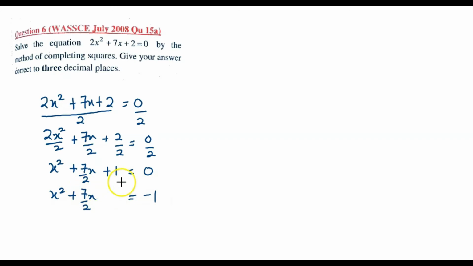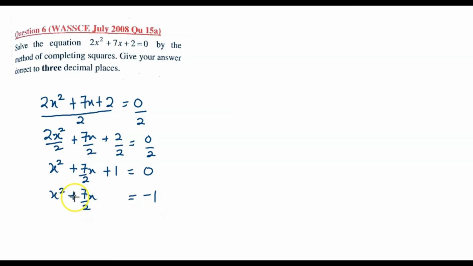Now, there is a collection of activity at this stage, so kindly listen carefully. This is where we are completing the squares. Completing the square means that the left hand side of the equation must be a perfect square, and then the right hand side should also follow suit.